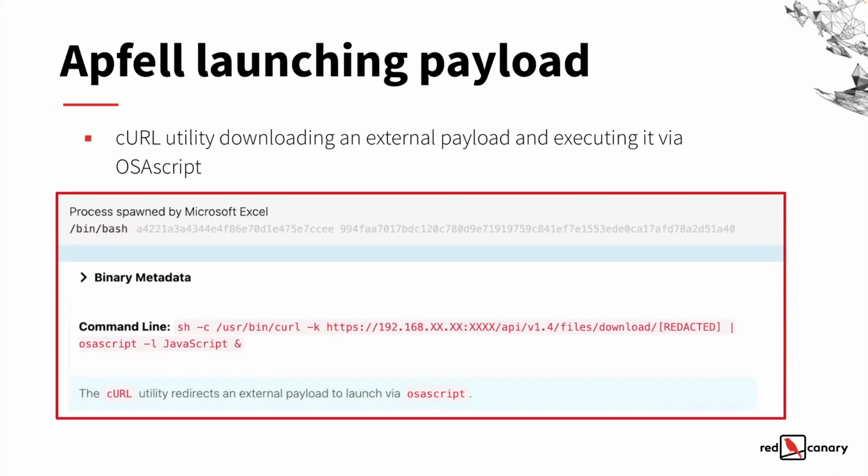You could do the same sort of thing with Python, with Ruby, with Bash scripts, anything else. In this case, bad guys, or I should say red team operators, we're on the same side, our red team adversaries just decided to use JXA.